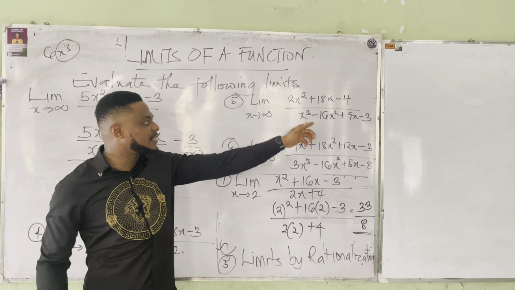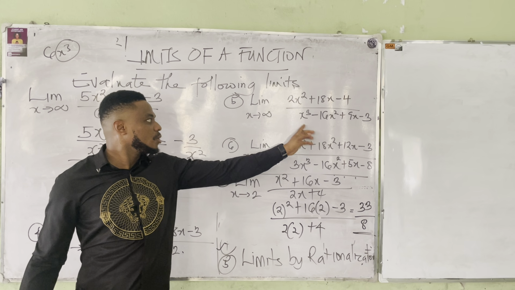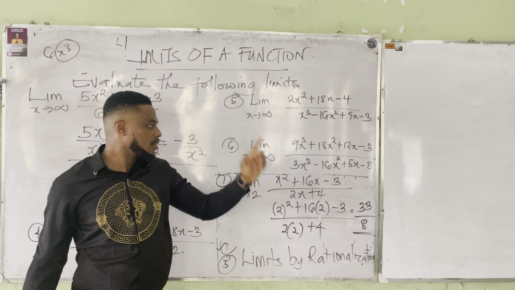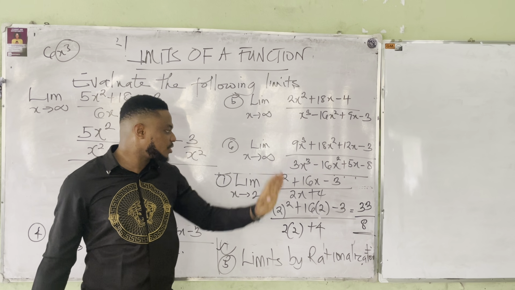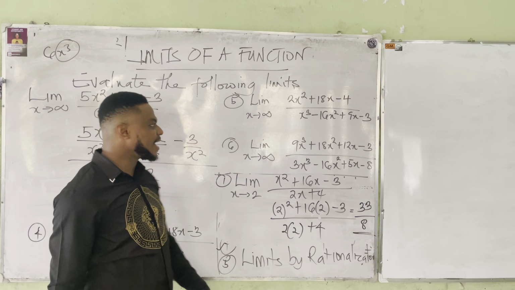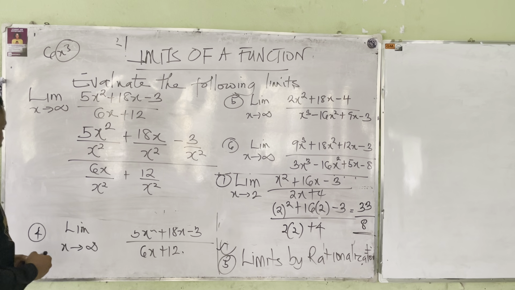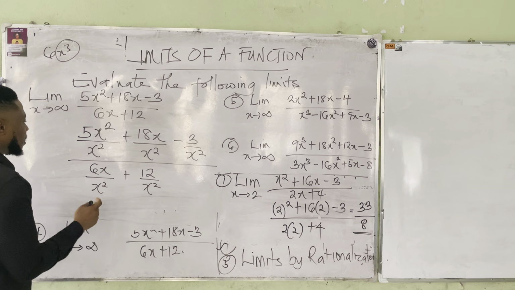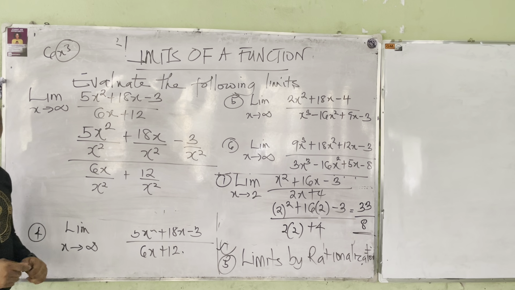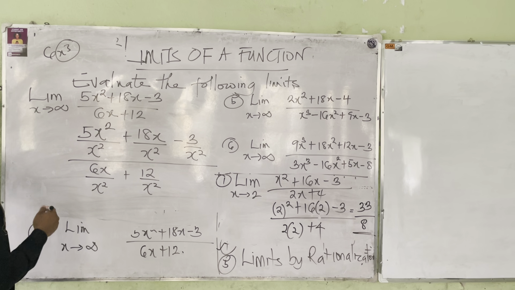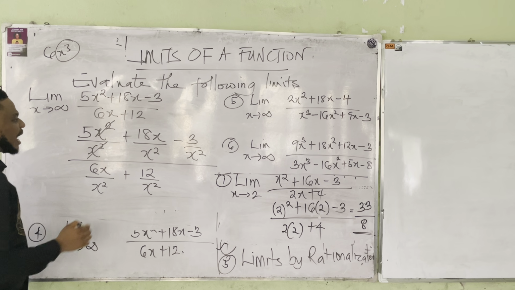Look at number 5. What's the highest power of x here? We'll divide everything by x cubed. Alright? So that is that. Now after dividing, the next thing is to cancel out. X squared will cancel x squared, right?